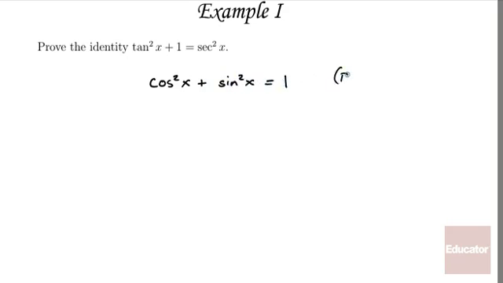That's the original Pythagorean identity, and that's one that you really should memorize and remember throughout all your work with trigonometry. And then what you do to manipulate this into the new identity is you just divide both sides by cosine squared x.